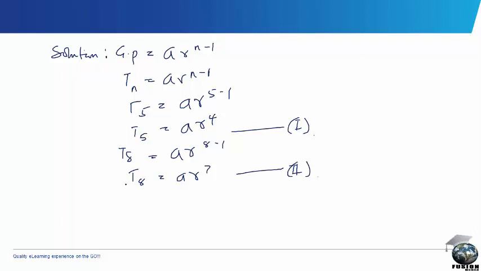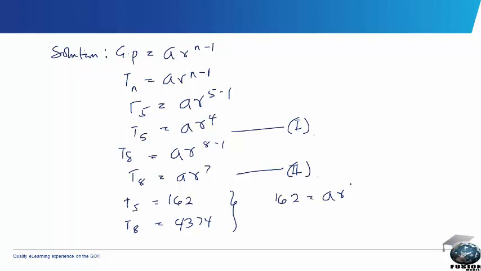From the question, T5 is 162 and T8 is 4374. So my equations change to: 162 is equal to a r raised to power 4, and 4374 is equal to a r raised to power 7.